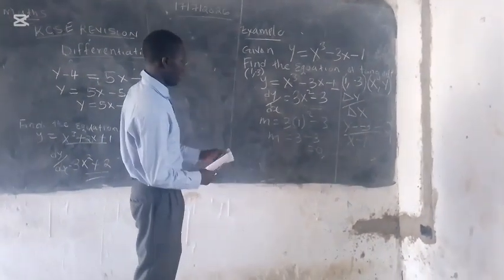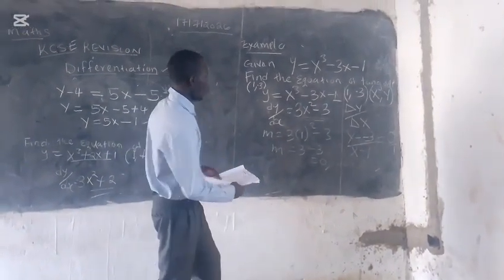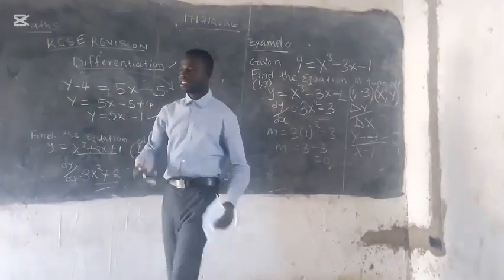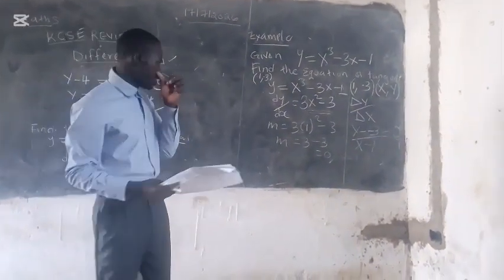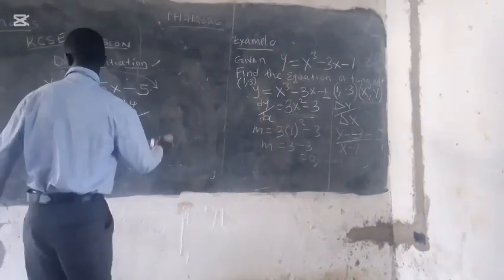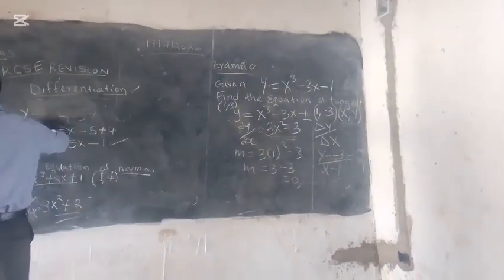Students, after reaching that point, remember this is the law of integers. When two negative signs follow each other consecutively, the summation amounts to a positive sign.